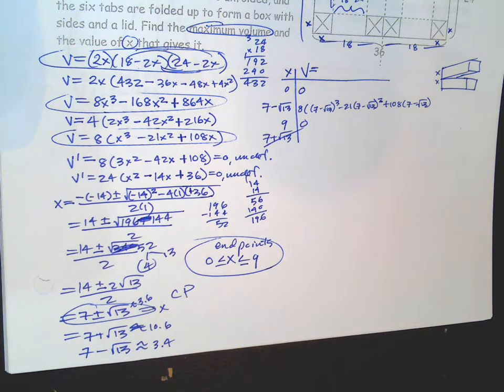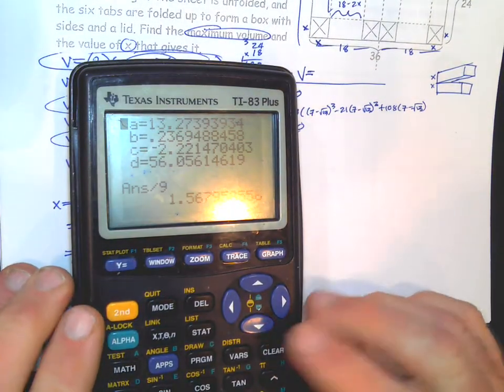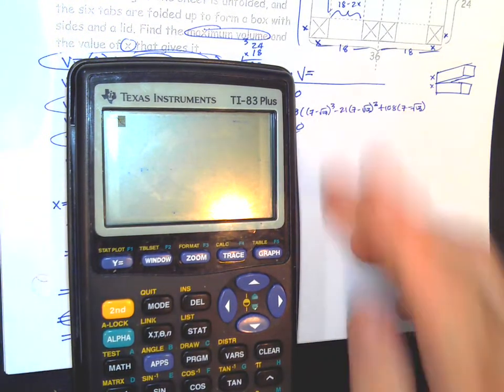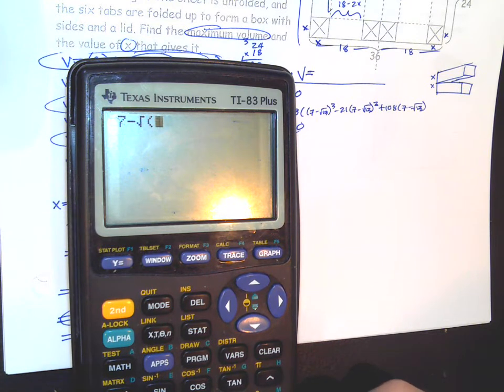So, you don't need a graphing calculator. You can do scientific, but let's just see what this is. And we'll talk about what if you didn't have a calculator? You could just assume that comes out positive, so it's the max. Otherwise, the max would be the edges. But let's see. Easiest way I think to do this is do 7 minus the square root of 13.